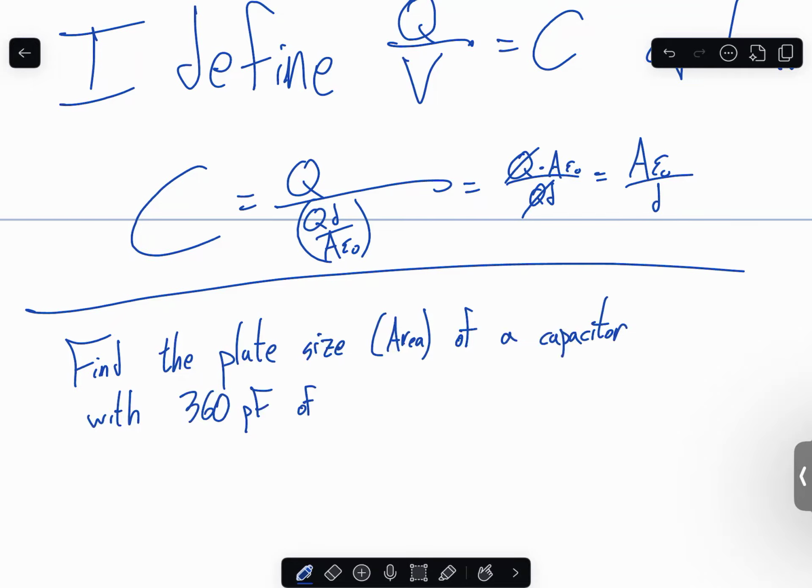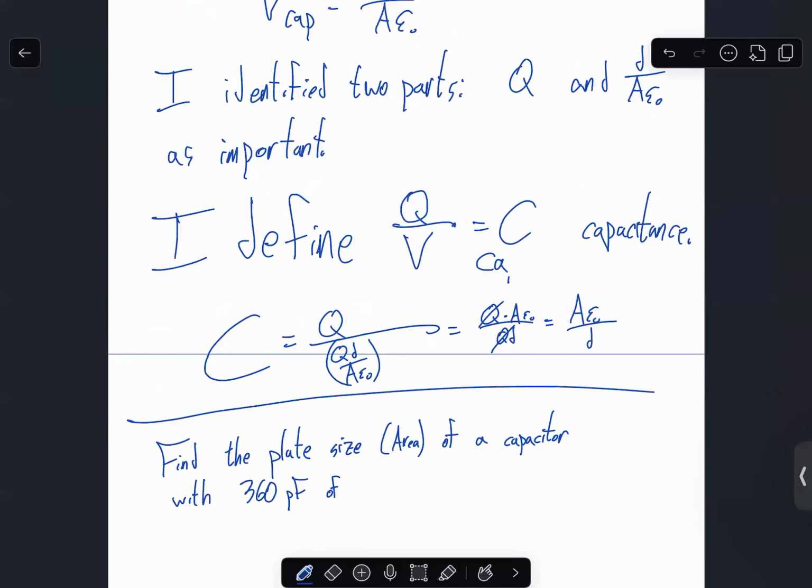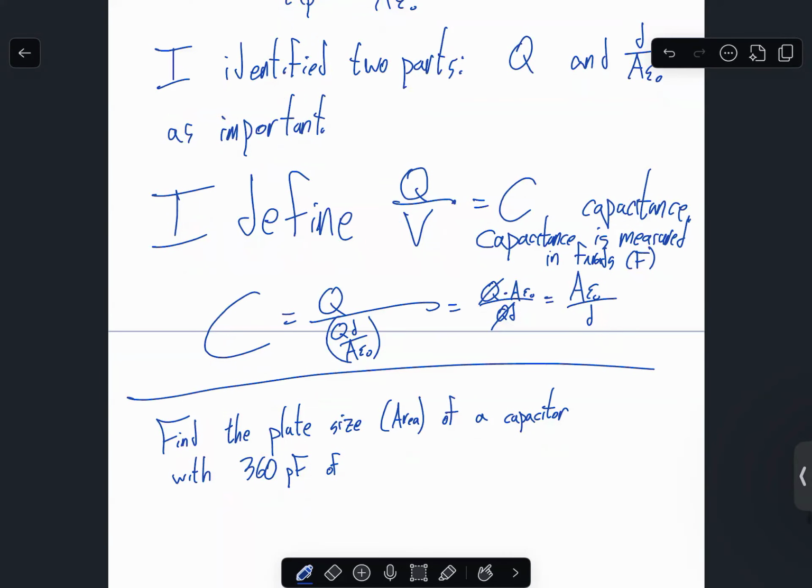I didn't define big F. It is measured in farads, F-A-R-A-D, and the symbol is capital F. This is named after Michael Faraday, great experimenter from the 1800s. So 360 picofarads is to say 360 times 10 to the minus 12 of the base SI unit.